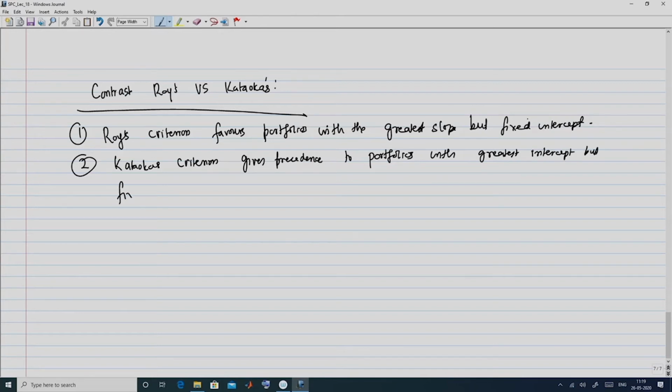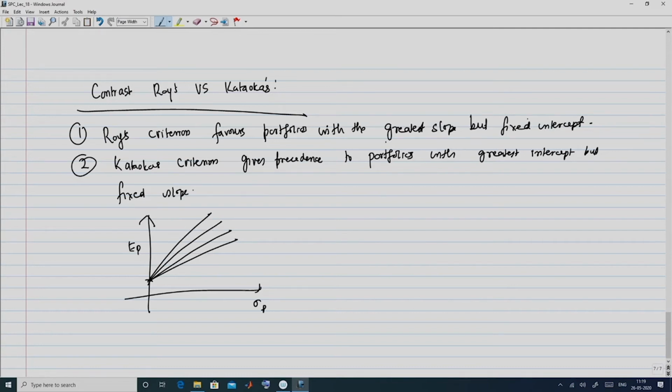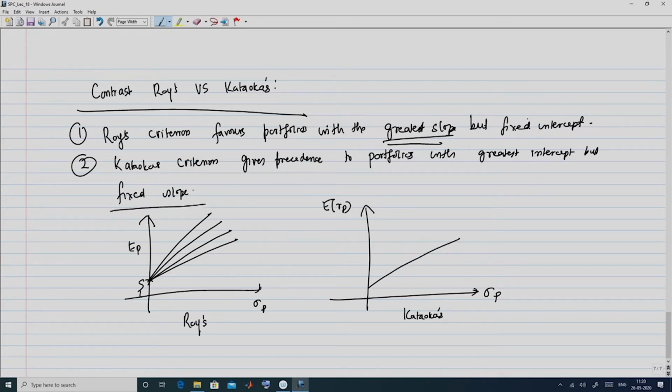So in the case of Roy's criterion, in the sigma p, E of RP plane, you have a fixed intercept, but you will pick up the portfolio that has the highest slope. This is the crux of Roy's criterion. However, in the case of Kataoka's criterion, in the sigma p, E of RP plane, as we have seen just now, you will have a fixed slope, that means identical slopes, and then you will pick the one with the greatest intercept, namely this one.